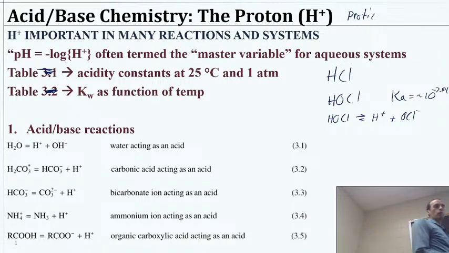So we can also note that the partitioning coefficient for water, so Kw, it's often called, will change. Actually, all of these will change with temperature, but we have lookup tables for each. We're not really going to do too much with, hey, what's the acidity if we reduce the temperature to 5 degrees Celsius or whatever. We won't do a lot of that.